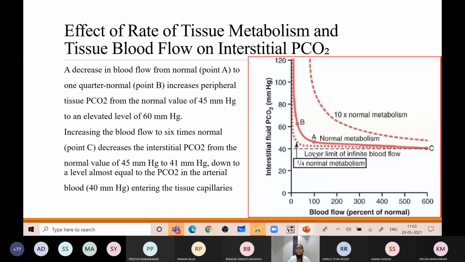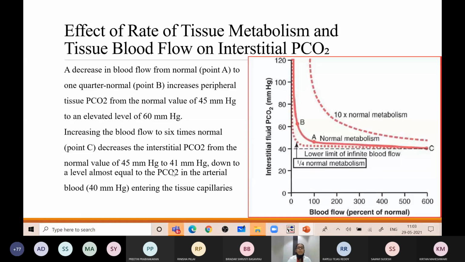Here 100 is normal blood flow. If it is increased to 6 times, 100 to 600 at point C, it decreases the interstitial PCO2 from the normal value of 45 to 41.